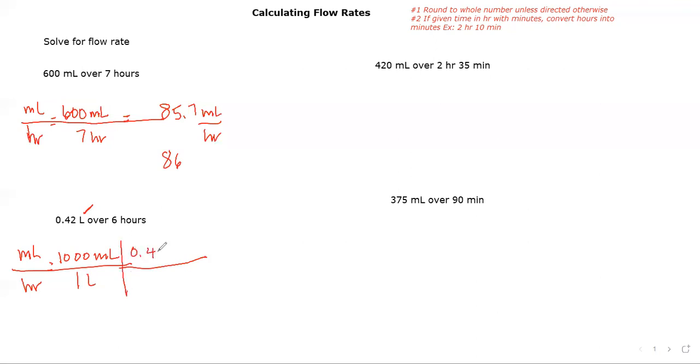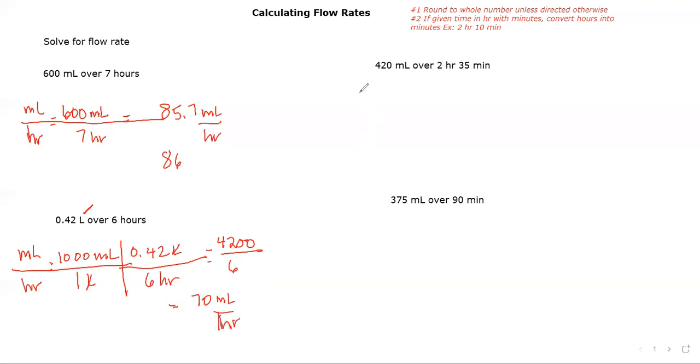Then I'm going to insert my volume given, which allows me to cancel out my liters, and this will be over 6 hours. So I'm going to multiply 0.42 times 1,000 and then divide that by 6, which will give me 70 milliliters per hour.